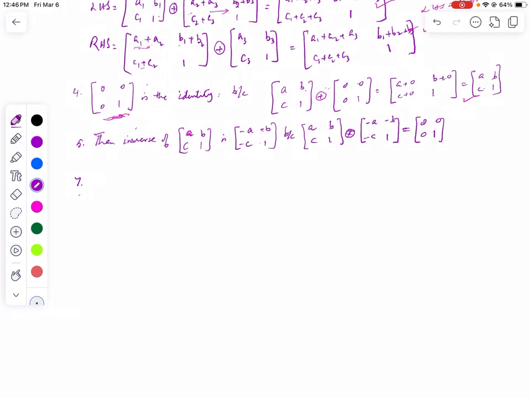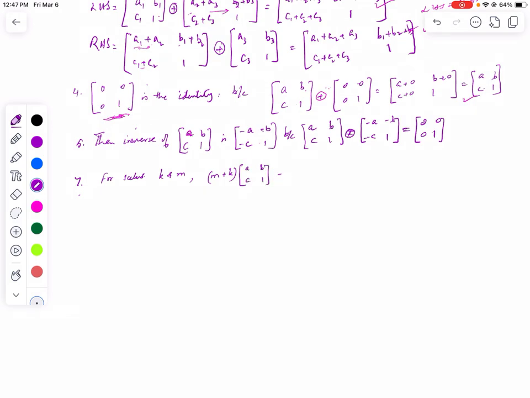So the 7th is for scalars. Let's say scalars k and m, plus k times a, b, c, 1.